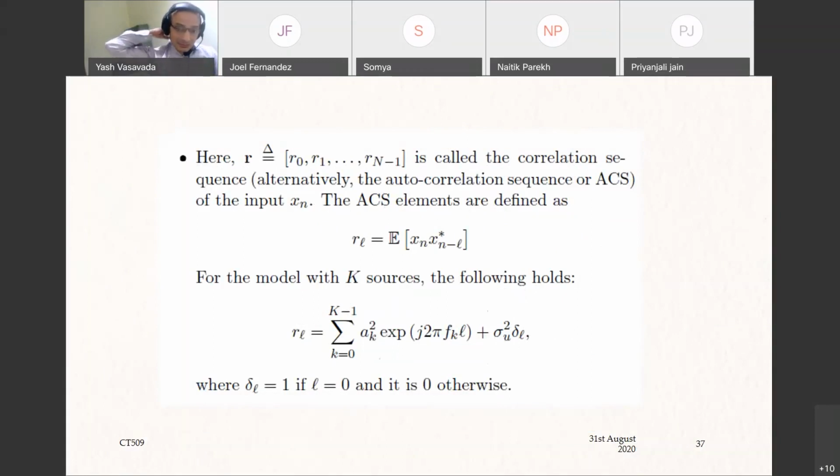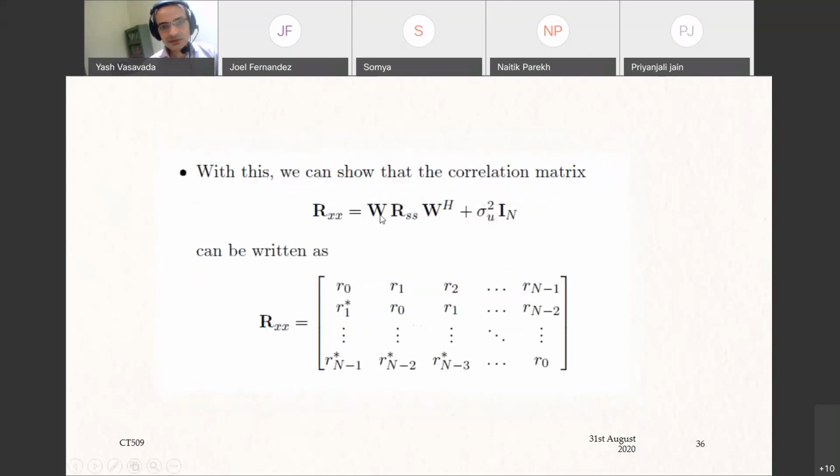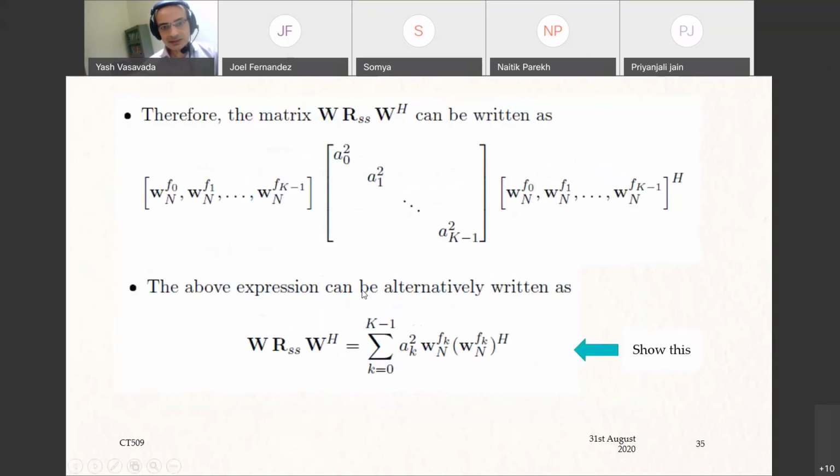So fine. I hope that you all should be able to get your arms around this term pretty easily. What about this term? Well, that term is coming from W R_SS W Hermitian, which we have written like this.